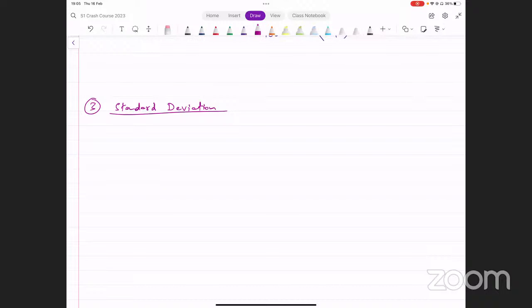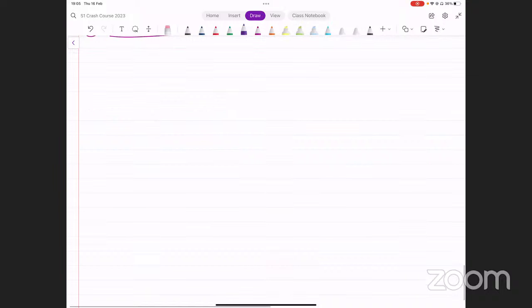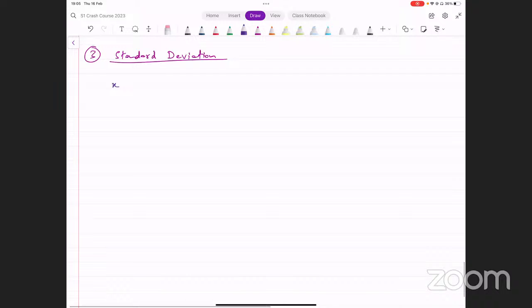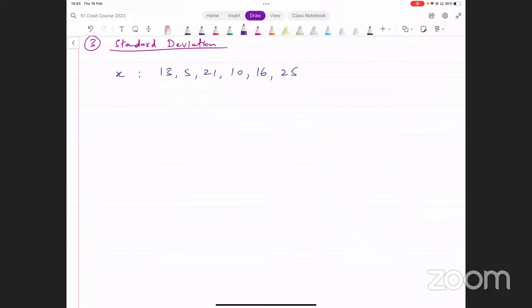All right, let's think about this. Let's say you've got some data points. You have data that has values like this. x is the variable, and you have some values of x. Let's say they are 13, 5, 21, 10, 16, 25. Now, let's say you want the mean of this data. The mean is sigma x, the sum of all values, divided by the number of values.